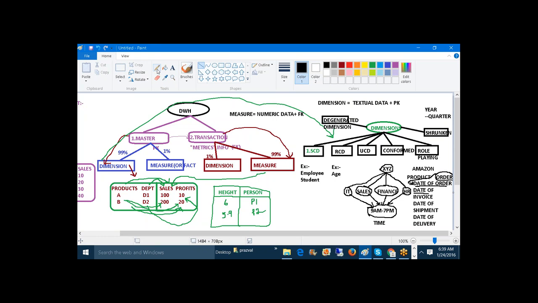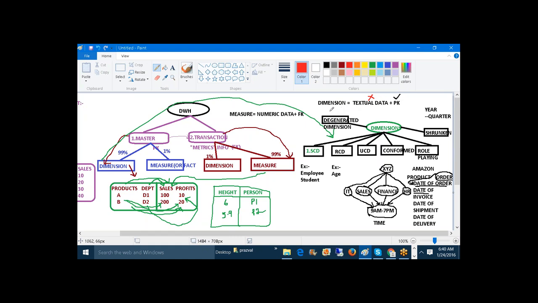If the dimension contains only primary keys without any textual data, then such a kind of dimension is known as the degenerated dimension.